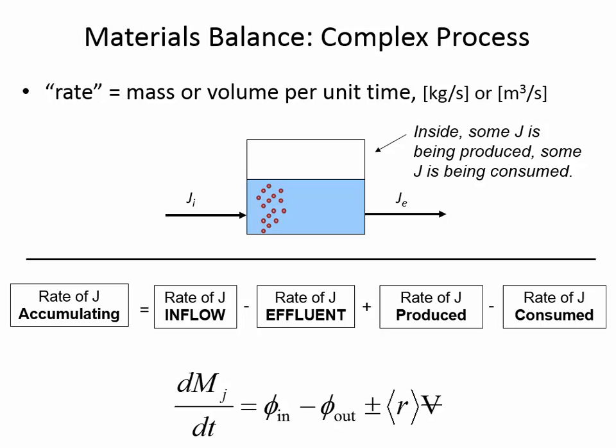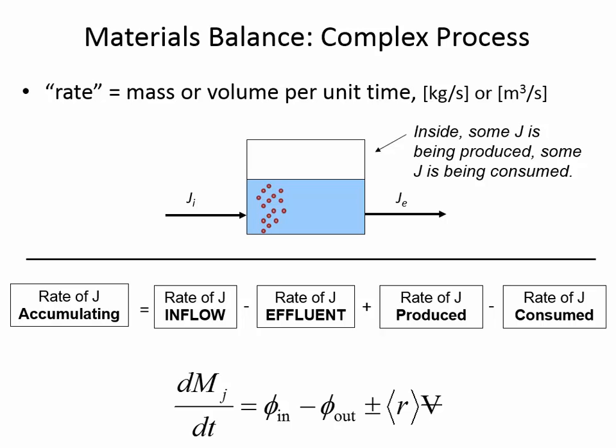What we're left with is this expression that says the changing mass versus time. So over time, what's the rate of accumulation inside of that tank? It's the flow rate in minus the flow rate out, and we're talking about the flow rate of whatever this component J is, not just the hydraulic flow rate, it's the rate of the mass that we're tracking, constituent J. Plus or minus R, where R is the reaction rate, times the volume of the reactor.